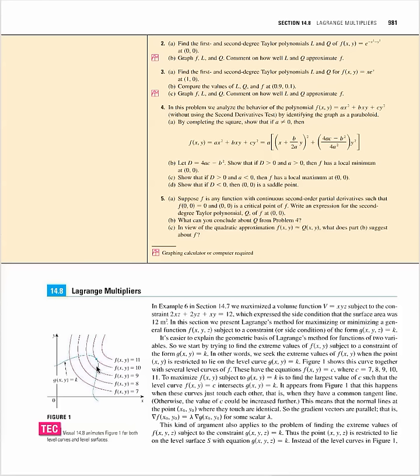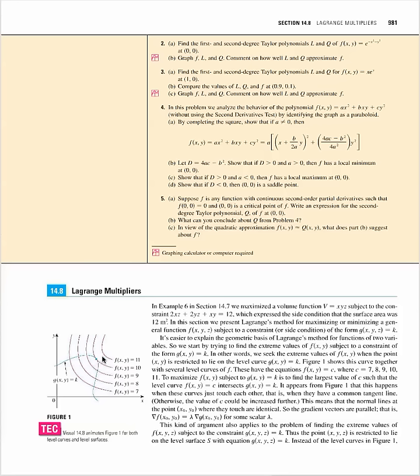Okay? So we're looking for places where the two curves, g and the level curve for f, are tangent to each other. And the way we talk about that is by talking about the gradients of these two curves. If the two curves themselves are touching, are parallel at those points, then the gradient vectors, which are at right angles to the curves everywhere, are going to be pointing in the same direction.